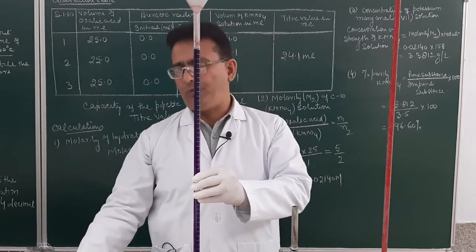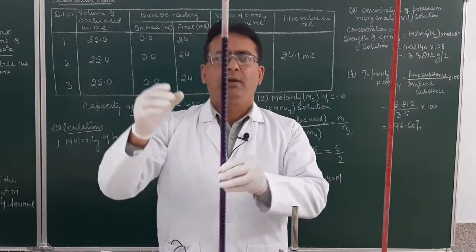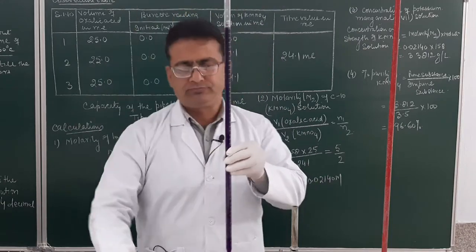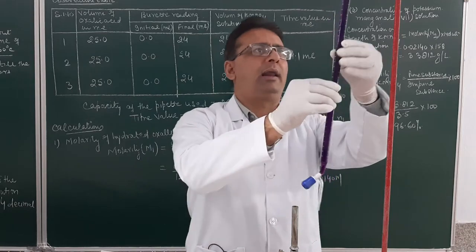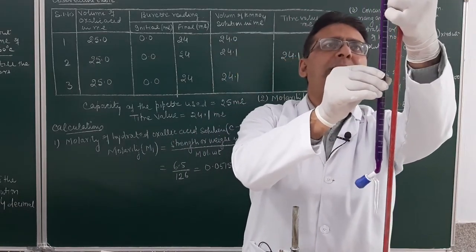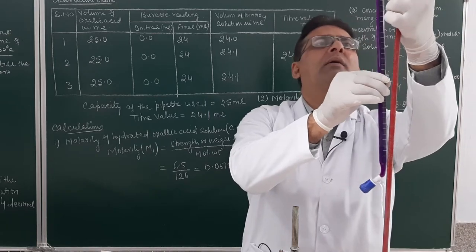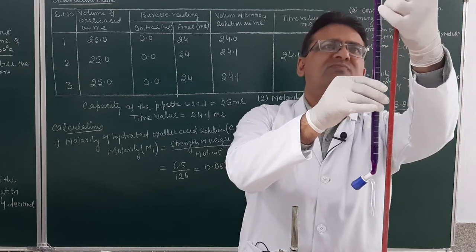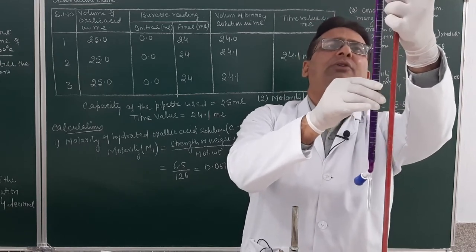Here it is being filled up to this circular mark, and then I'll remove this clamp stand and clamp this burette in the clamp stand. Am I clear? Clamp this burette in the clamp stand.